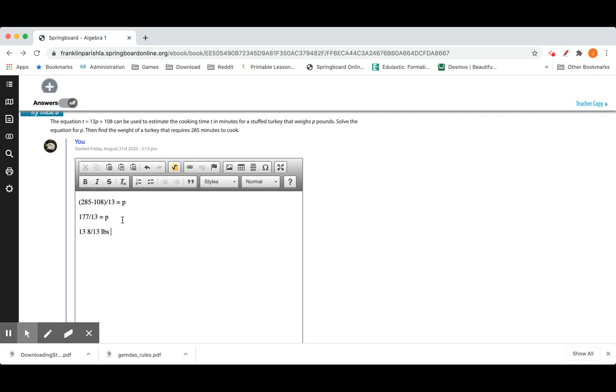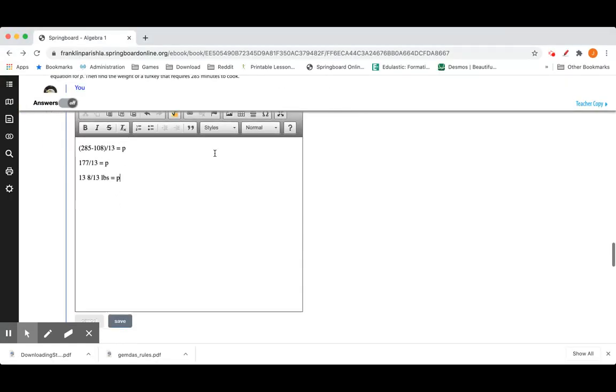S for pounds will equal to P. You need a 13 8/13 of a pound turkey. That's how long it needs to cook, is 285 minutes.